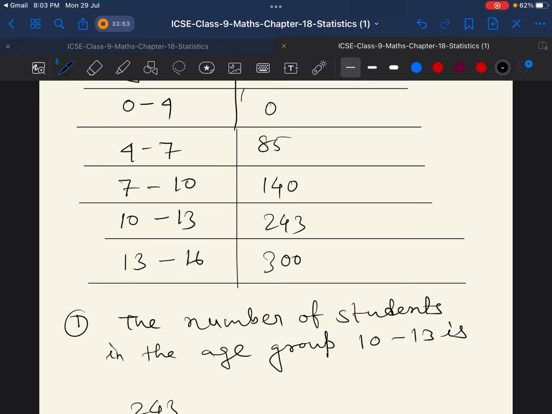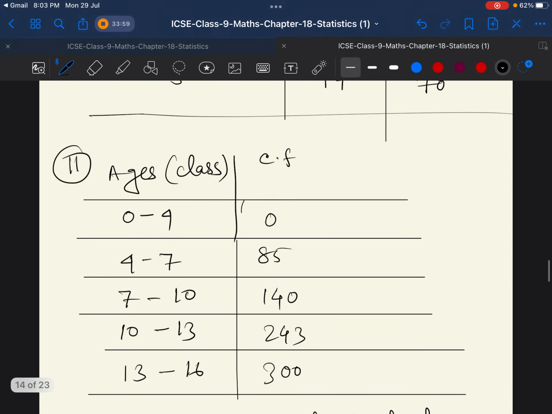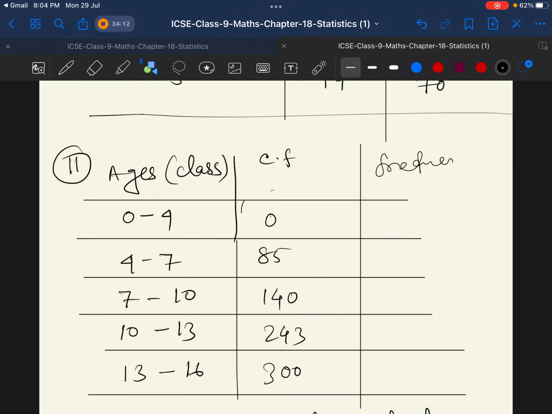So here we have to find the frequency table. This is the cumulative frequency, this is not the number of students. So we have to find the frequency table.